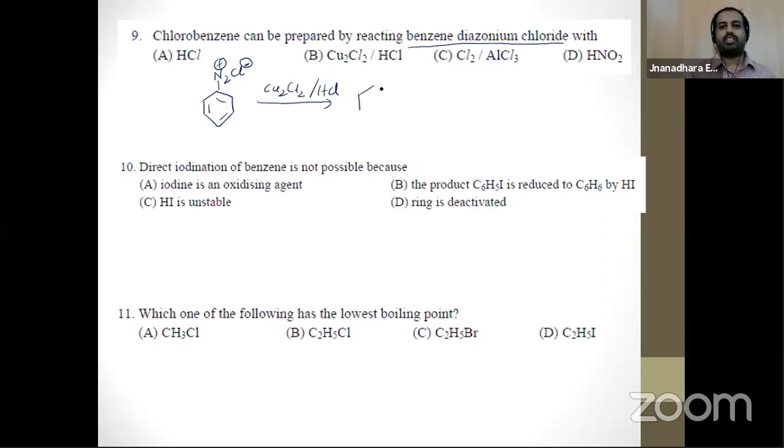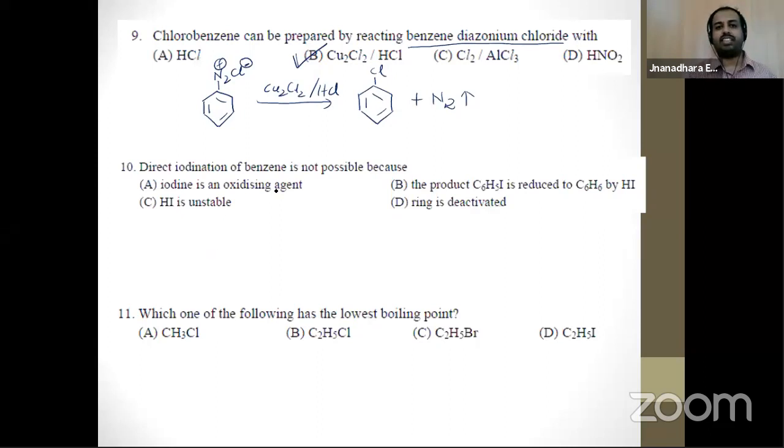That gives you chlorobenzene, with nitrogen gas being evolved. Stable nitrogen gas being formed is the driving force for the reaction. So question number 9 is easy: option B, no doubt.